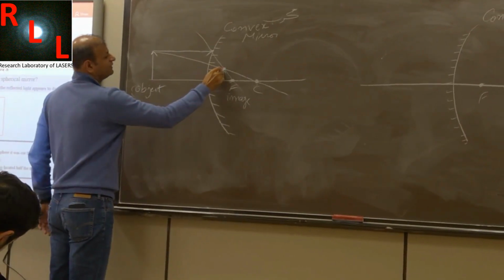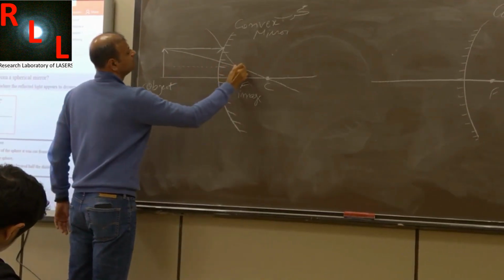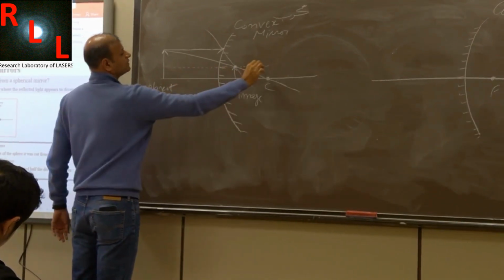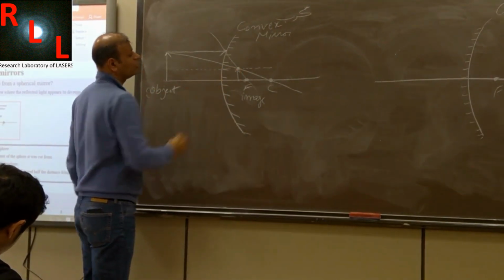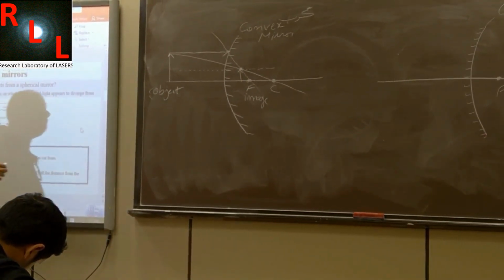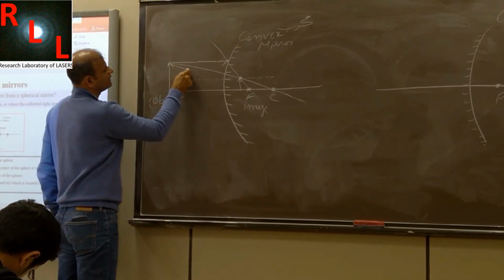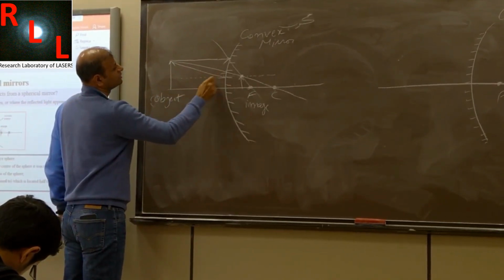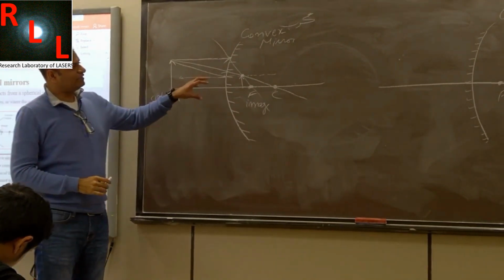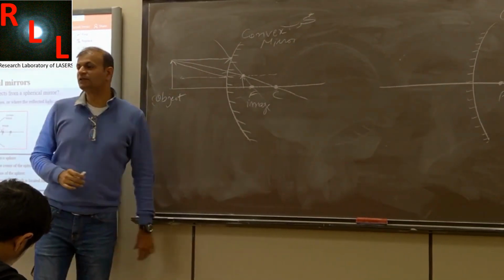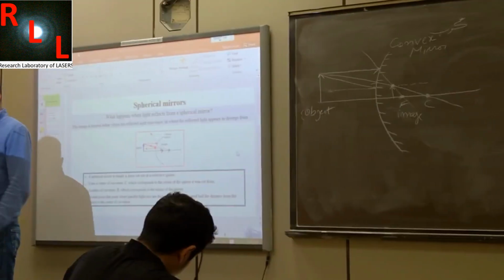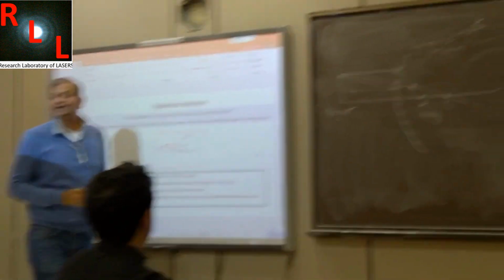If you draw the line here, this is the parallel line, showing how high the image is. You can draw one more line here. These are arrows. So this is what I mentioned in the last lecture, that with the convex mirror you cannot focus the light, and you cannot have a real image.